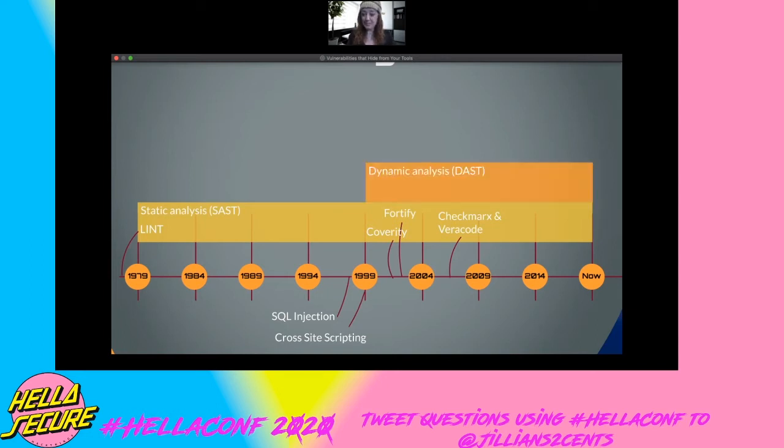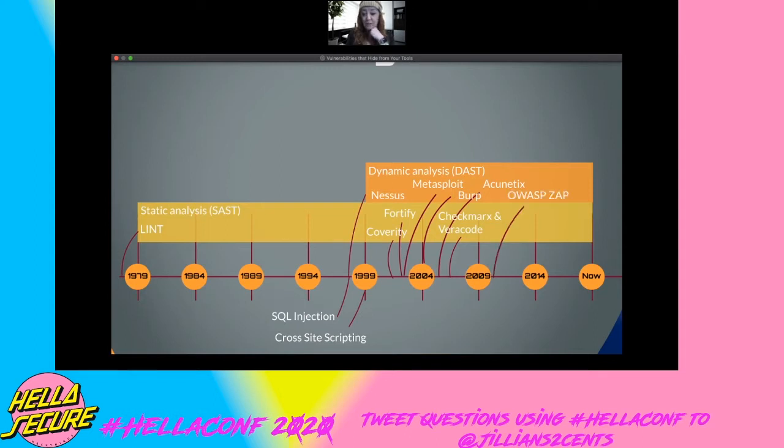Then dynamic analysis started around the late 90s with Nessus, and then got things like Metasploit, lots of fun, Burp, and Acunetix. So dynamic analysis works a little differently, but is trying to check for the same sorts of security vulnerabilities in your web applications.